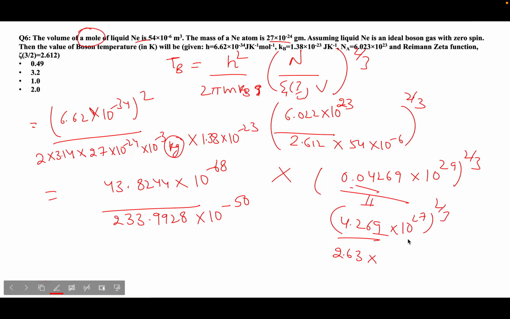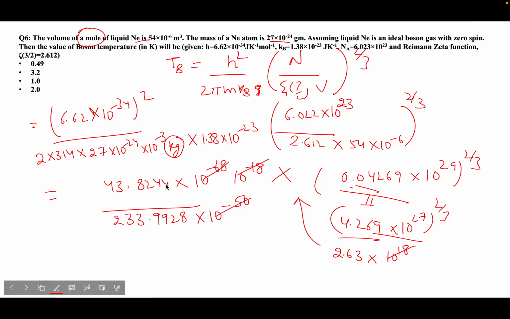This is 2.63 into 10 to the power 18, and here it is 10 to the power minus 18, so this will cancel out. 10 to the power minus 18 into 10 to the power plus 18 is 10 to the power 0, that is 1.